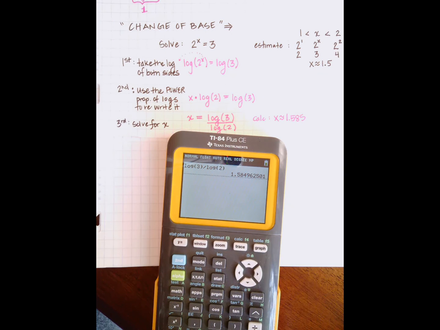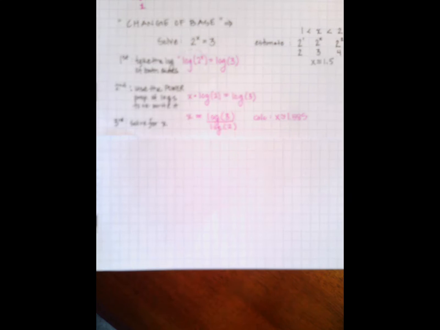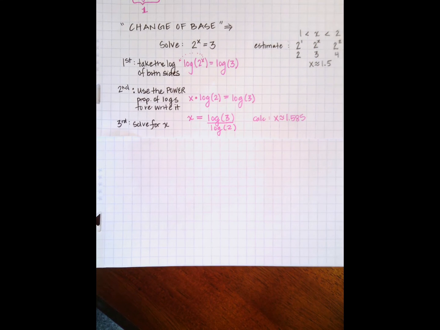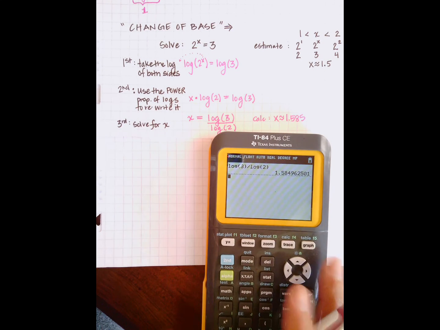So I'm going to go ahead and record that my x value is approximately 1.585. Now I could have done this with the natural log, and I could have even done this by rewriting the original equation with log base 2, but most calculators don't have that value. Because the natural log is just a different base, you could do this with that as well.